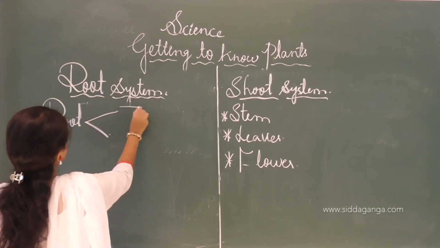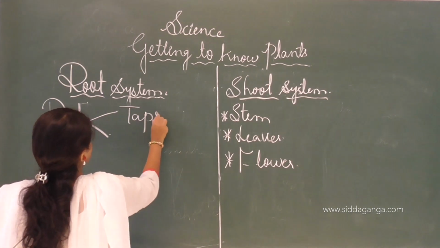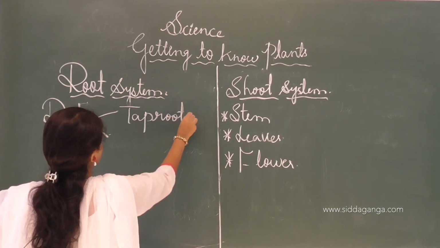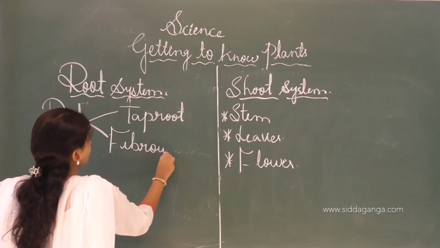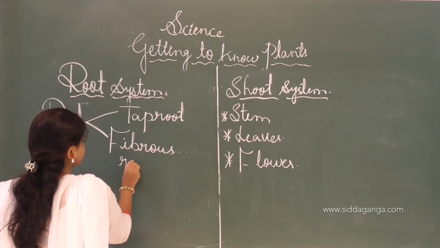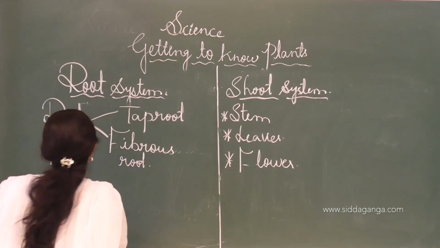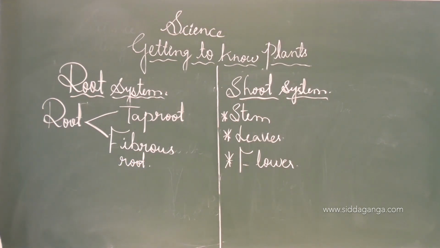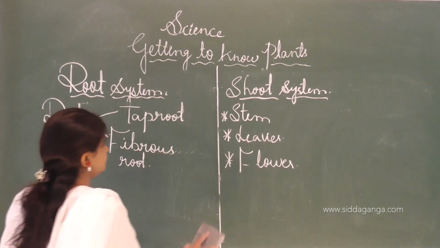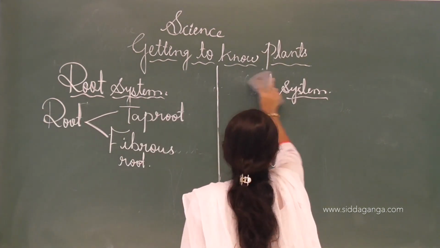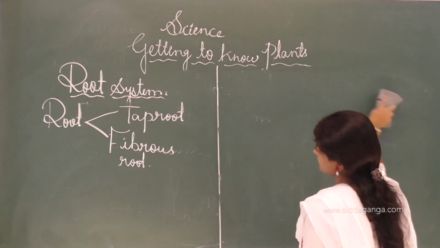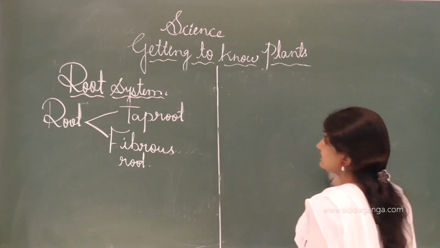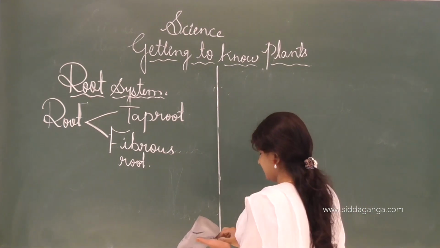Root is divided into tap root and fibrous root. The first one is the tap root.